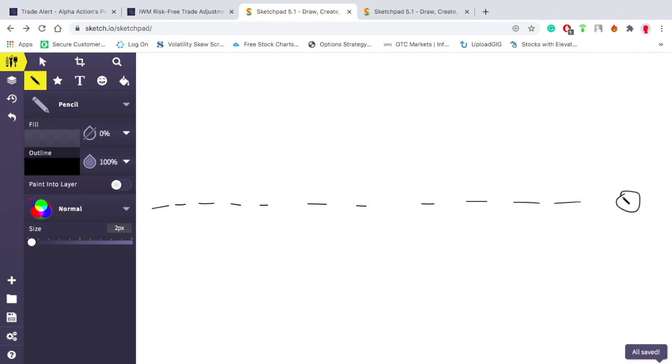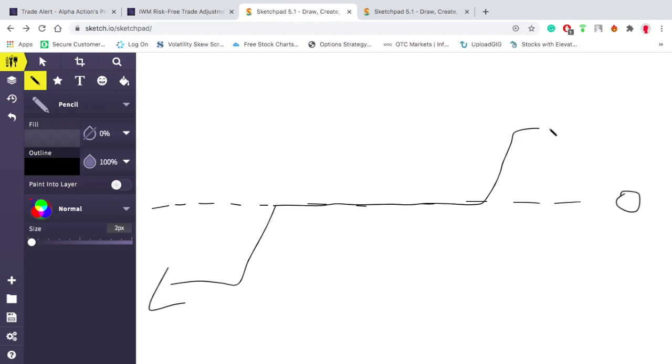Zero just means you're at break even. You don't make any money, you don't lose any money. If it's above that, you're going to make money. If it's below that, you're going to lose money. And here's what it's going to look like. It's going to look like that on the downside, because it is a bullish trade, so you do lose money on the downside. And then you, of course, make money on the upside.